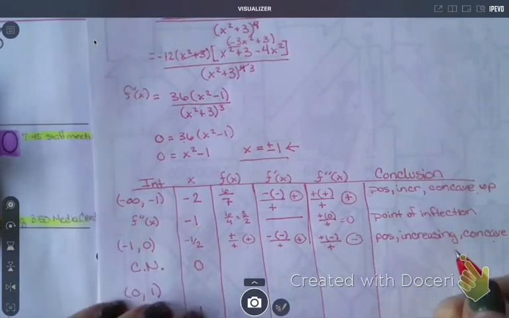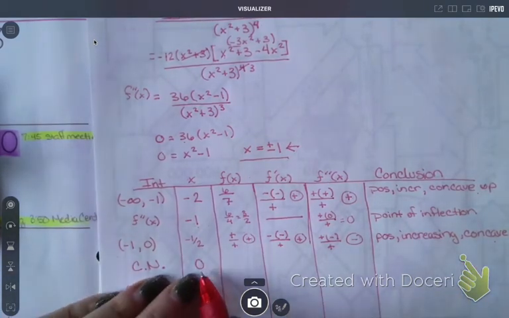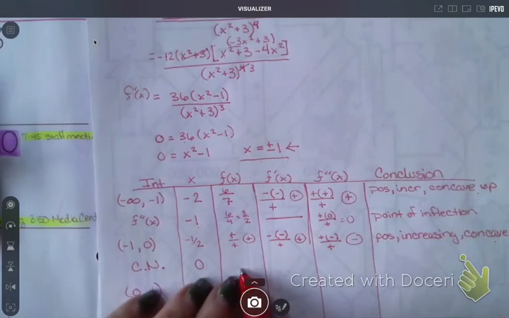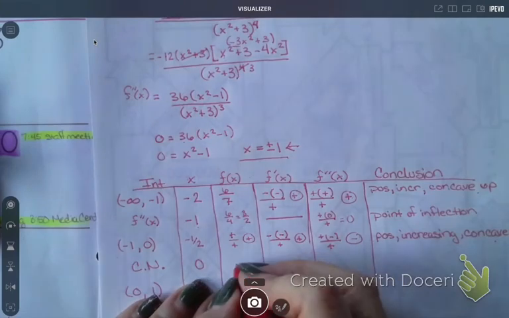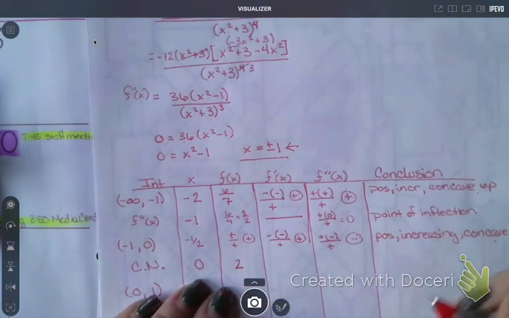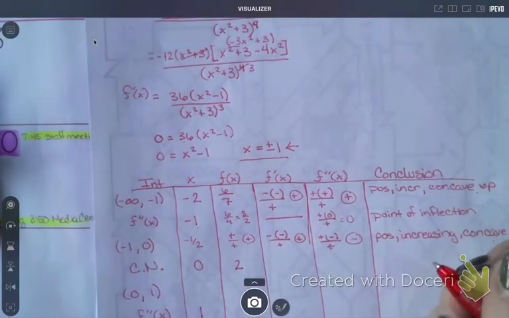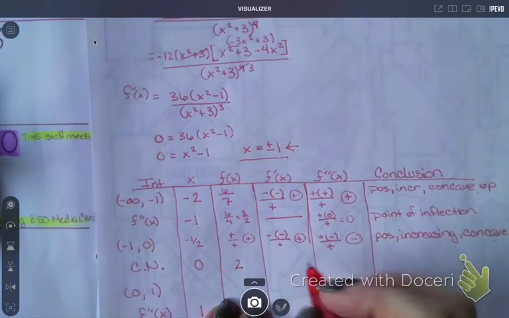Okay, so then I got 0 as a critical number. So plug 0 into f of x. What do you get? 2. Okay. And we're not going to do first derivative.